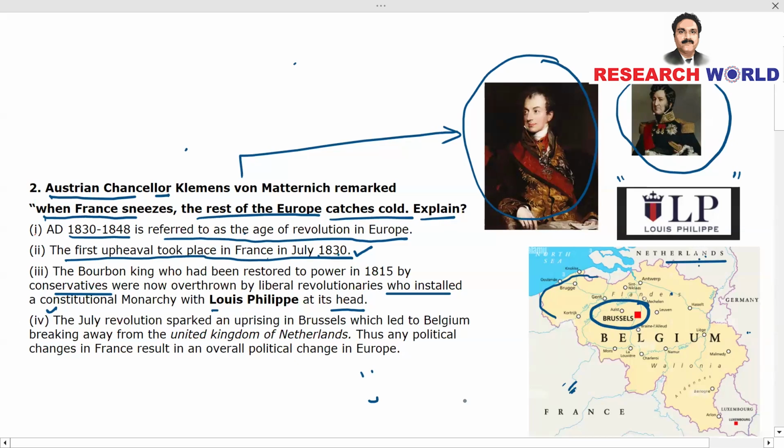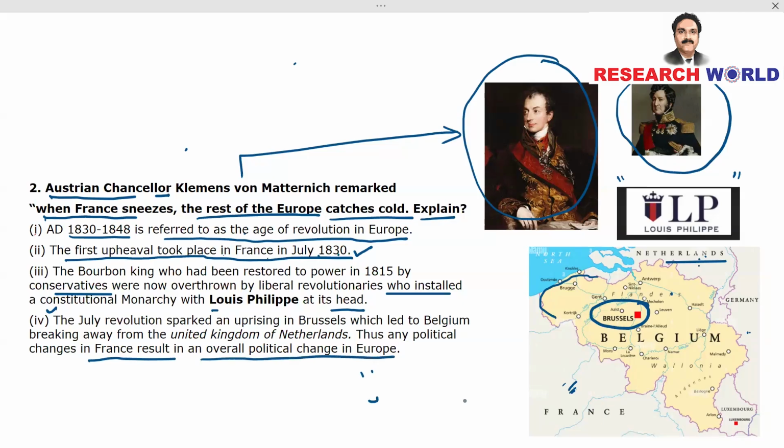Earlier, Belgium was a part of the Netherlands and was called the United Kingdom of Netherlands. Thus, any political change in France results in an overall political change in Europe. And that's the reason why Clemens von Metternich, the Austrian Chancellor, remarked that when France sneezes, the rest of Europe catches cold. In other words, any political change happening in France will have its impact all over Europe. Hope it's clear to you.